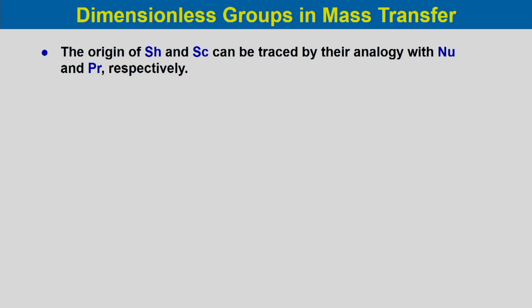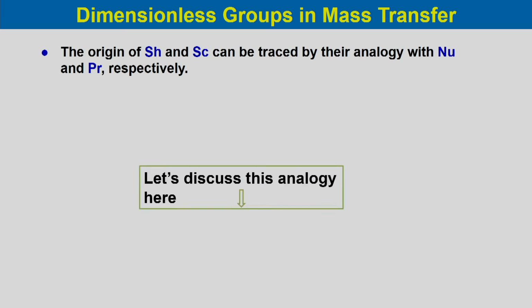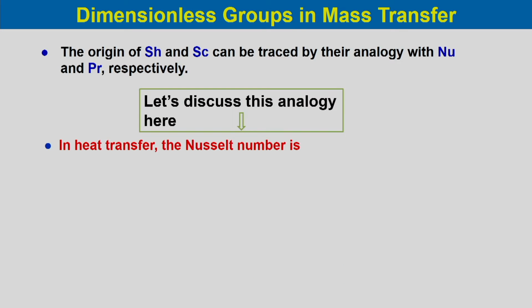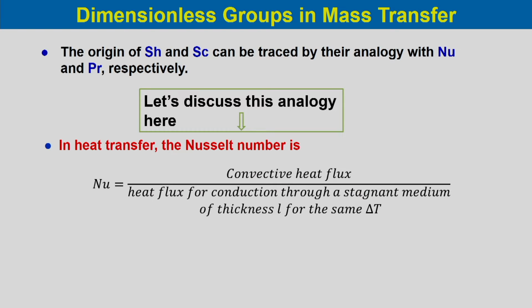The origin of Sherwood and Schmidt can be traced by analogy with Nusselt and Prandtl respectively. Let us discuss this analogy here. In case of heat transfer, the Nusselt number we can define as the convective heat flux divided by the heat flux for conduction through a stagnant medium of thickness L, with delta T as the temperature gradient, the driving force.